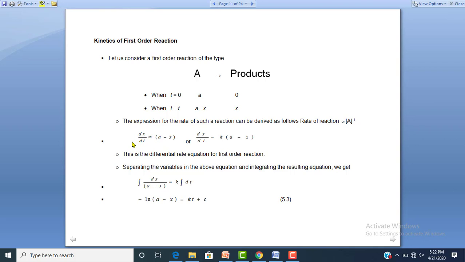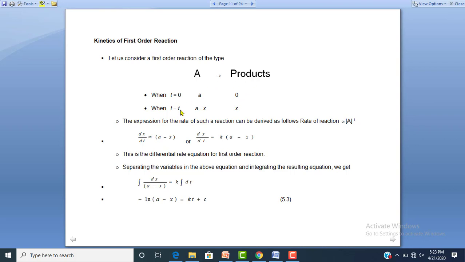Dear students, now we will study the derivation of a rate constant expression for the first order reaction. To understand the kinetics of first order reaction, let us consider that a reactant A is converted into some products. When the reaction starts, when time was 0 second, then there were a moles of the reactant A and 0 moles of the product.